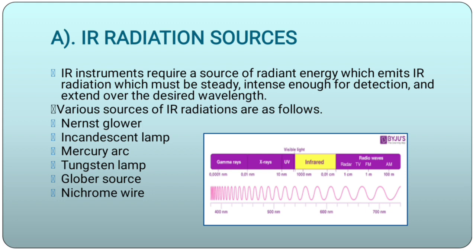A source that generates infrared radiation must be constant, strong enough to be detected and cover the required wavelength in order for an IR device to function. Various sources of infrared radiation are the Nernst glower, incandescent lamps, mercury arc, tungsten lamp, globar source and the last one is nichrome wire.